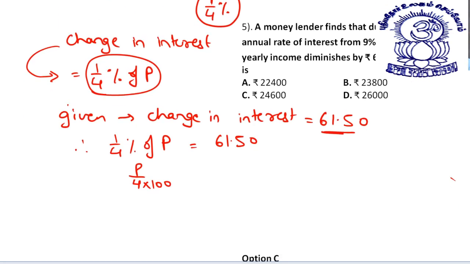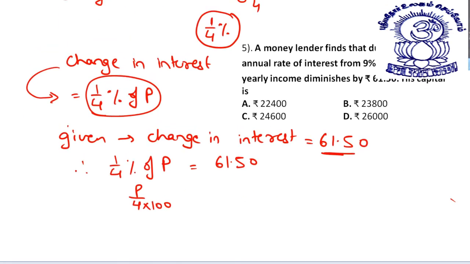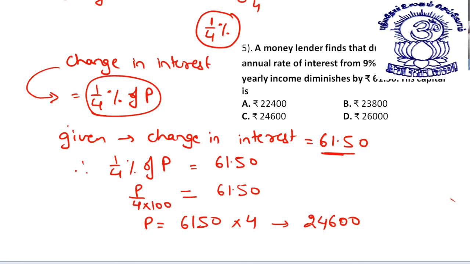So P by 4 into 100 is equal to 61.50, or you can say P is equal to 6150, double zero takes the decimal out, so that is equal to 150. 150 into 4 will be 600, 4 into 6 will be 24, so that becomes 24600. Option number C is your answer. I'm sure it must be very clear to all of you.